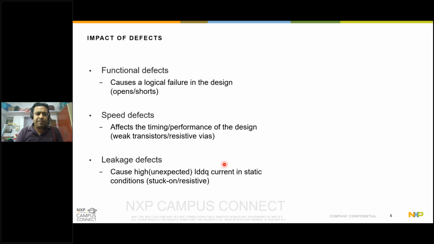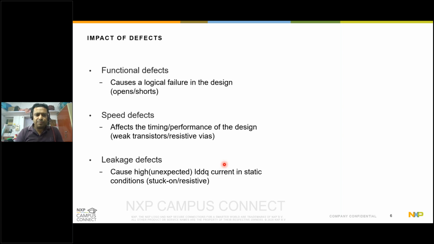A functional defect will cause basically a logical failure in your design. These are generally caused by opens and shorts, and these may prevent your state machine from reaching a particular state, or it may prevent a particular node from getting toggled from a logic 0 value to a logic 1 and vice versa. Speed defects are defects which affect the timing and performance of your design.